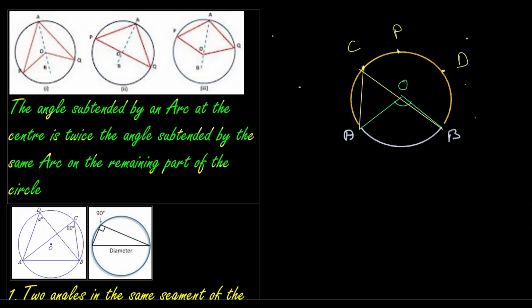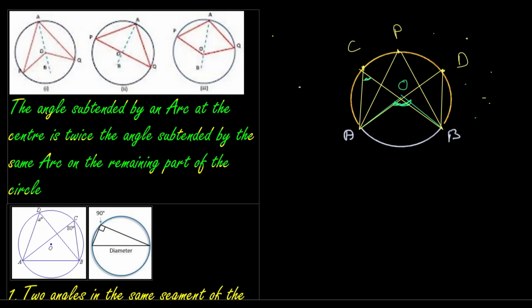Let me first complete the diagram and then I'll explain. I'm joining these points. I'm subtending angles with this arc on different points over here. So this angle, the angle subtended by this arc at the center, will be twice the angle subtended by this.